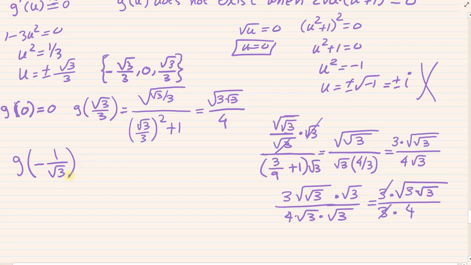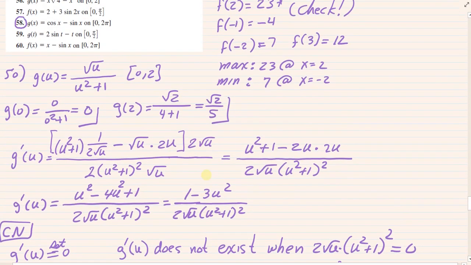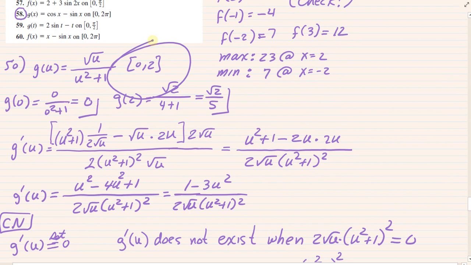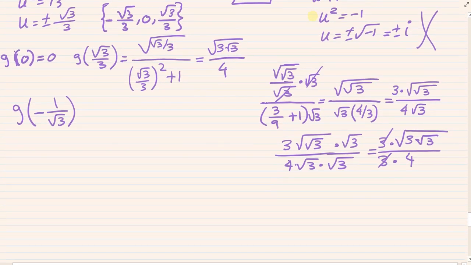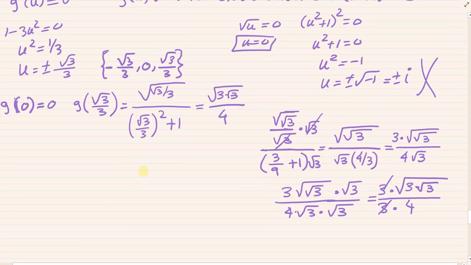But the one thing is, at negative 1 over root 3, remember, 0 to 2. This is our focus, from 0 to 2. So we're just not going to even bother with that. I'm just going to say this is not in the domain.